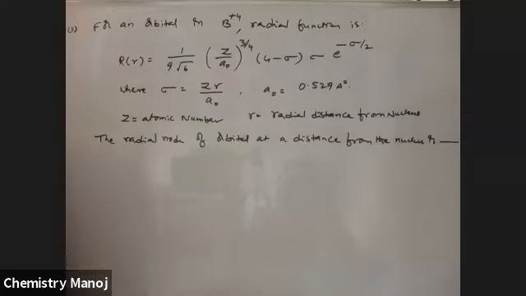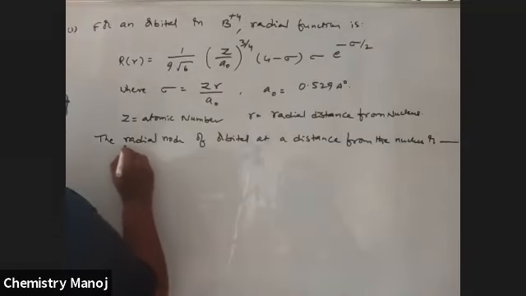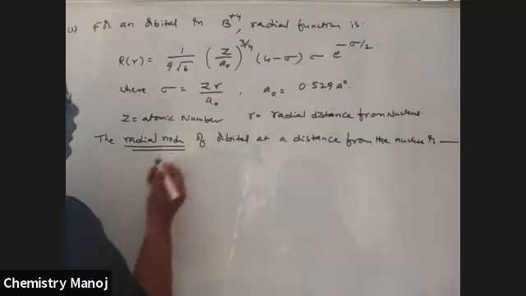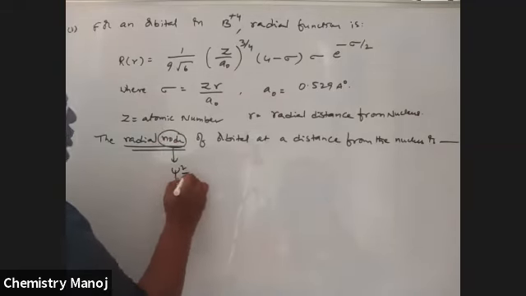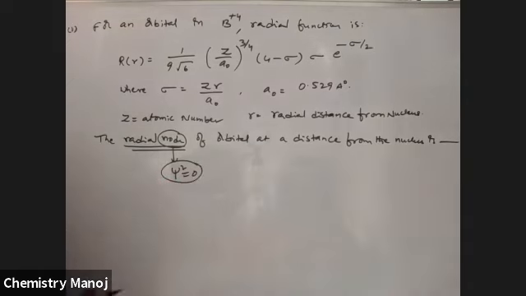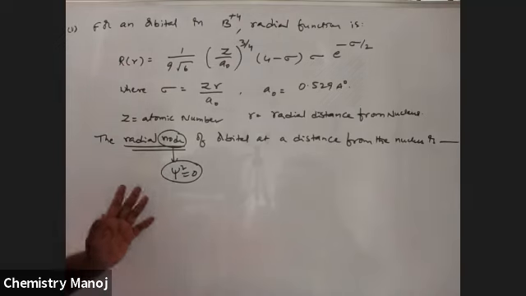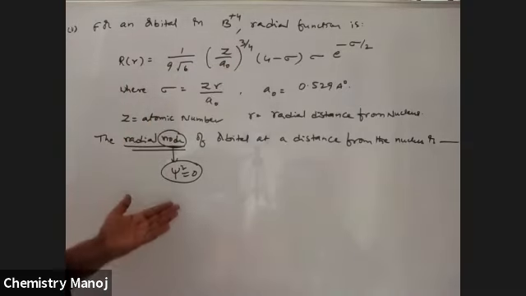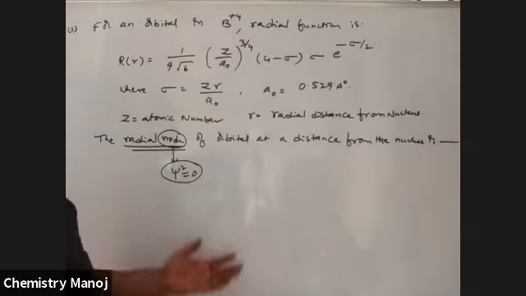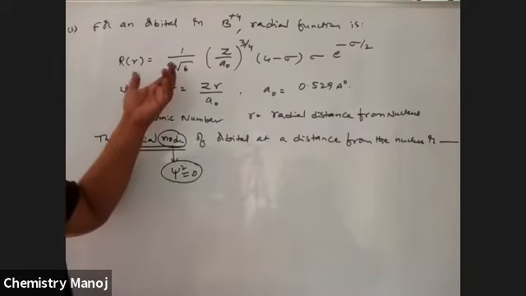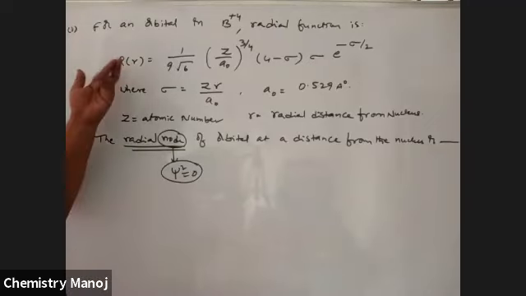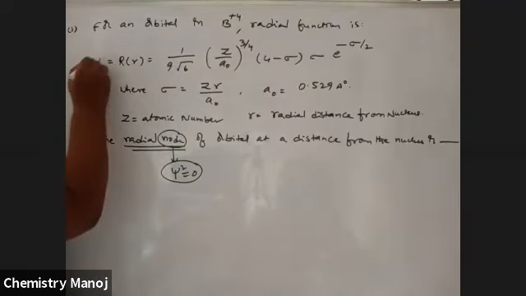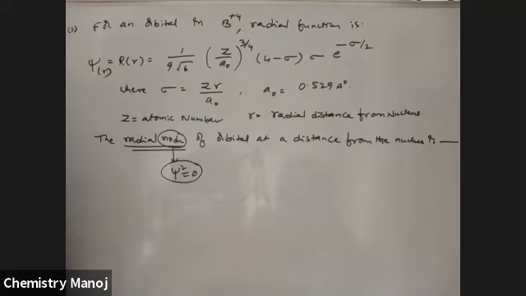So radial nodes, node means psi square is equal to 0. Psi function is given to you. From the radial function, we will get the radial node. From the angular function, we will get the angular node. Here only radial node is there. A radial function is given to you. Find out psi square is equal to 0, so it is nothing but psi Rn, directly given to you.